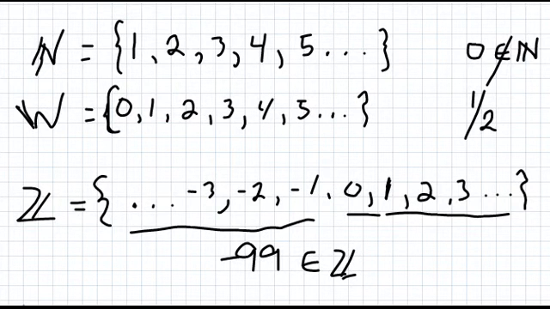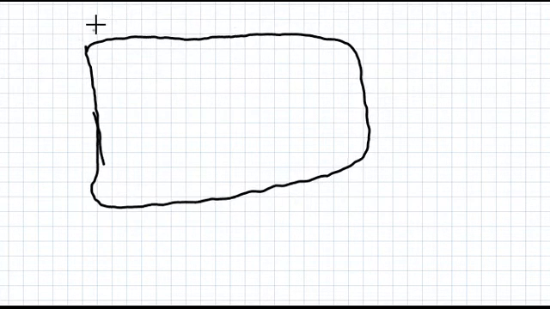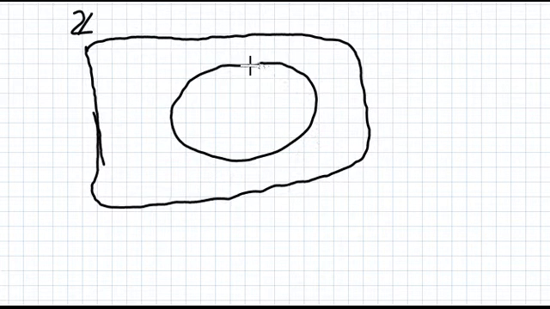Now let me just draw a quick picture here. This is a diagram, and what I've got here is the entire set of integers, and then the subset of the integers is the set of whole numbers.